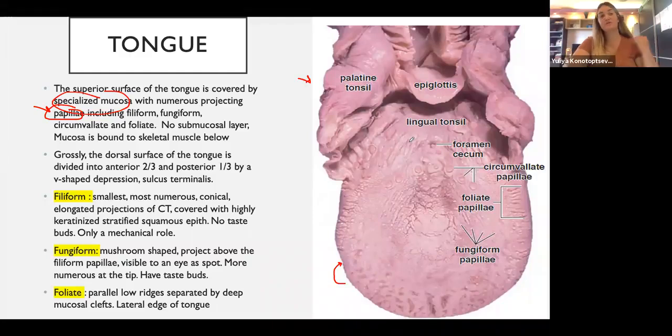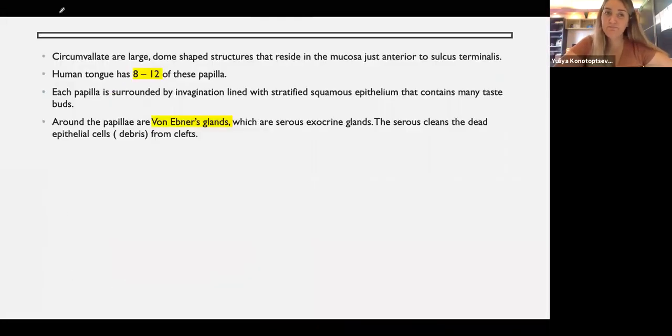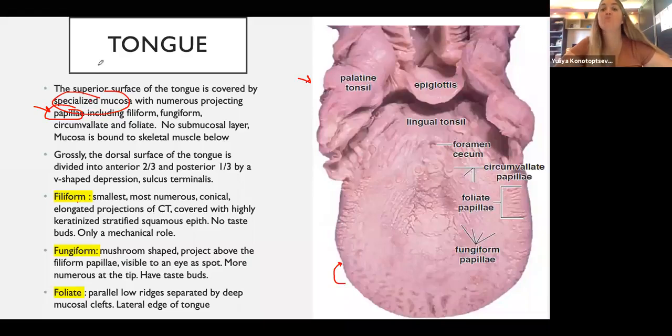These papilla are protrusions of the specialized mucosa. There are 4 of them. They're called filiform papilla, fungiform papilla, foliate papilla, and circumvallate papilla. 4 types of protrusions of specialized mucosa. Take a look.